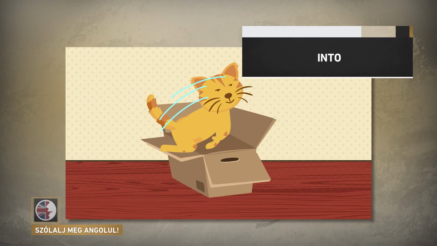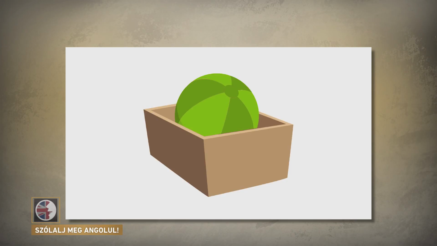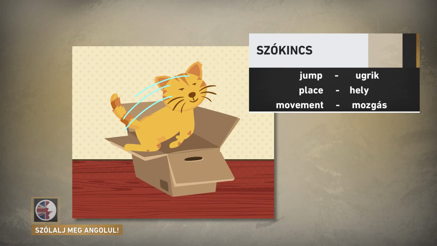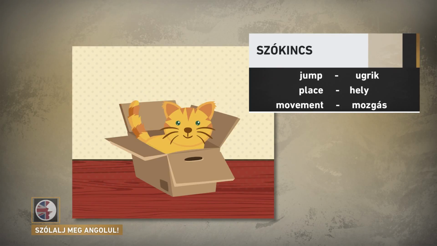It's the same idea as in, but with movement. Have a look at this picture. This is in, and this is into. So, it's the same idea, but in is a preposition of place, and into is a preposition of movement. The cat jumped into the box. Now the cat is in the box.